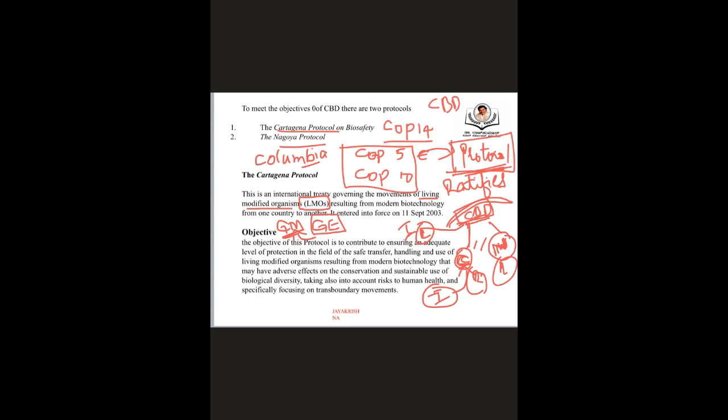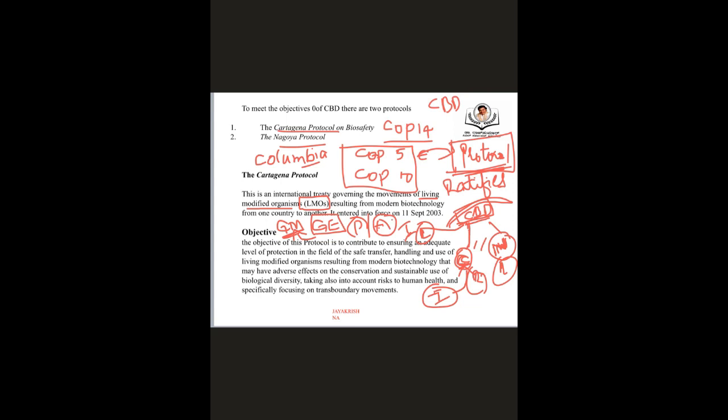Whenever an organism, maybe a plant or an animal, is modified genetically, the manipulation has taken place at the gene level. When the genetic modification is done, that particular species, maybe a plant species, maybe an animal species, behaves in a different fashion.